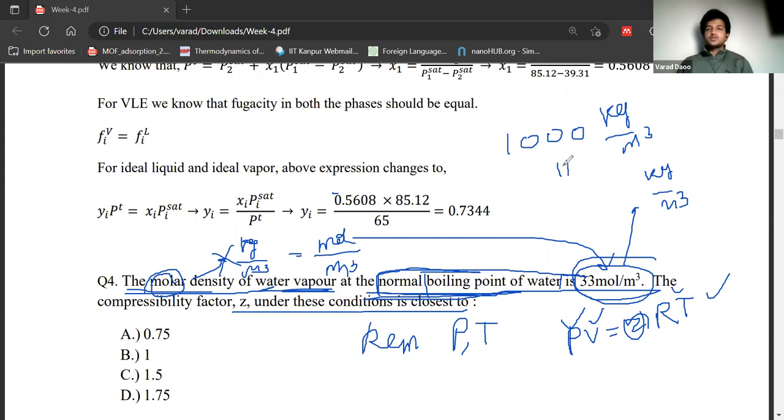If the density is approximately the same, that means Z will be equal to 1. If it is less, then Z will not be equal to 1, or if it is more, also Z will not be equal to 1. So I've told you two methodologies to find it. I'll give you a couple of minutes to try it. I hope the hints are clear to everyone. I'll give a couple of minutes to solve.